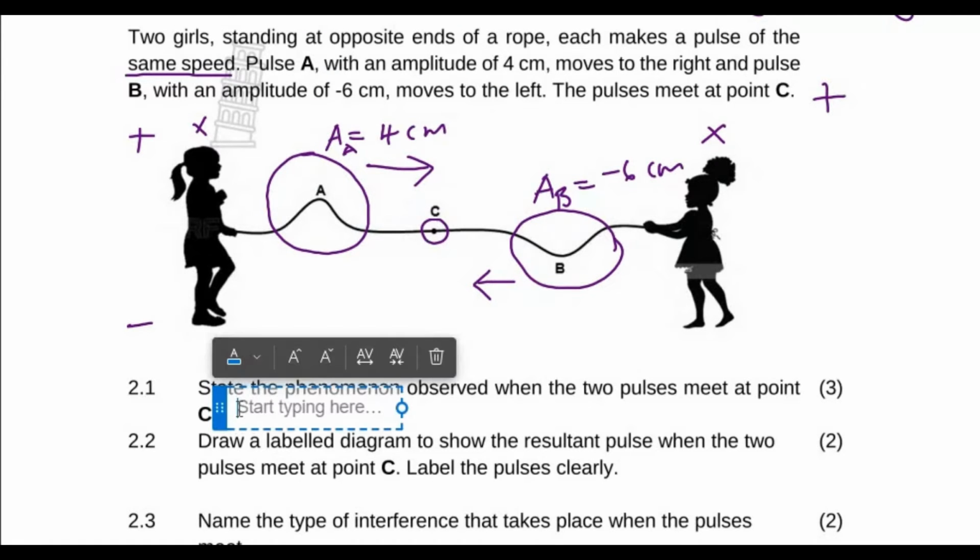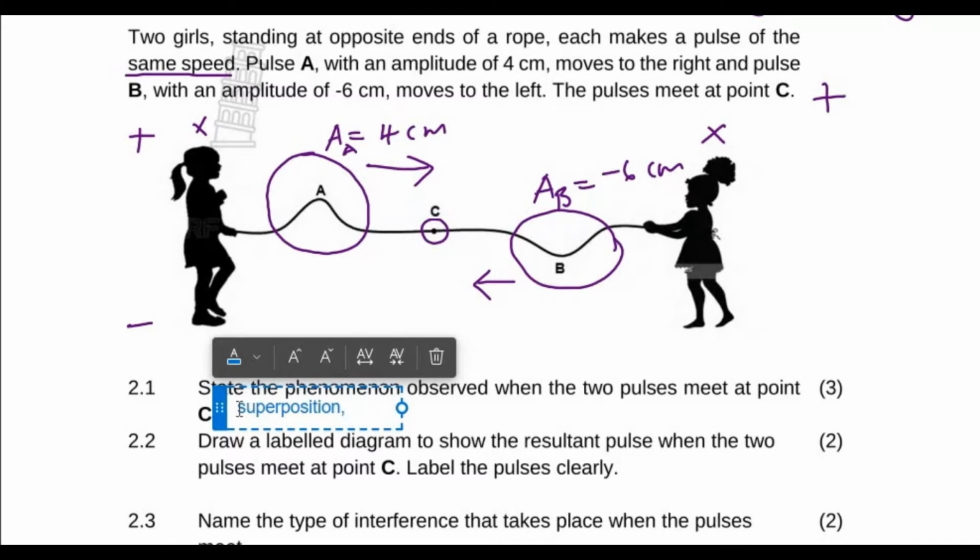That is when they occupy the same position. So they undergo a superposition. That is when they occupy the same position or the same space at the same time. So you will write that they undergo a phenomenon called superposition and you get your mark.